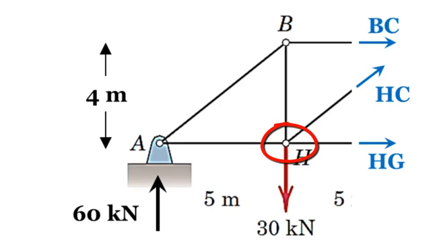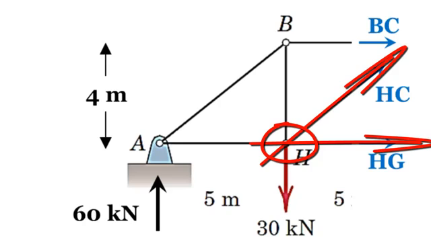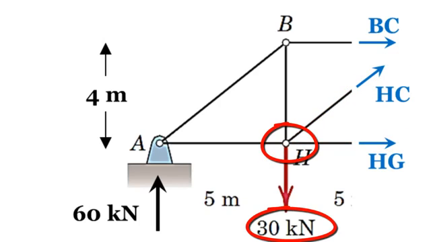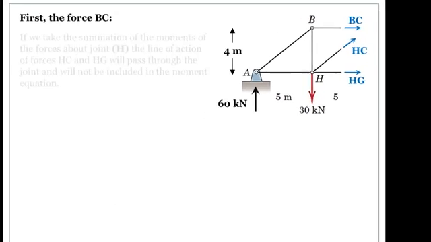If I take the summation of the moments about H, BC doesn't pass through H, that's good, so my unknown is solvable. And the beauty about point H is that both of the unknown forces, HC and HG, have lines of action that pass through H. And one more thing, the 30 kilonewton passes through, so that's a perfect point to choose.